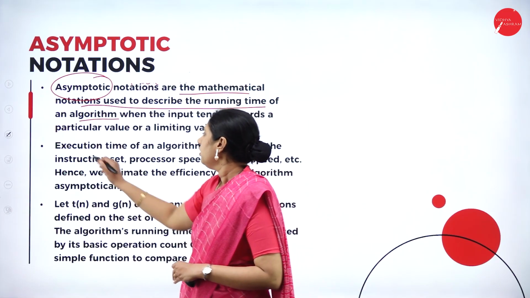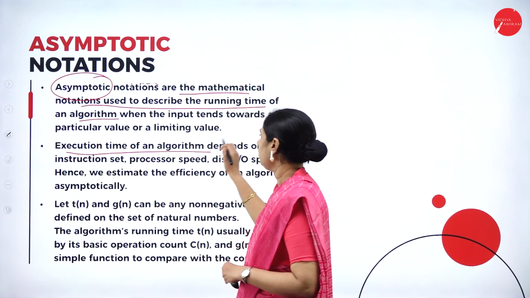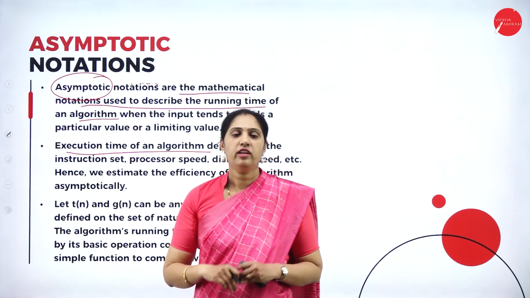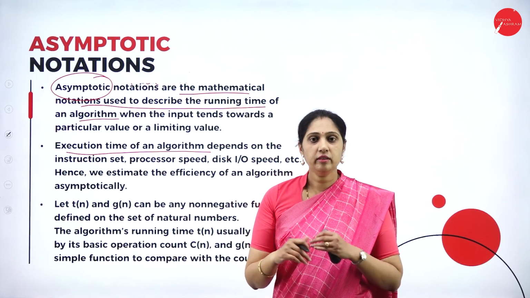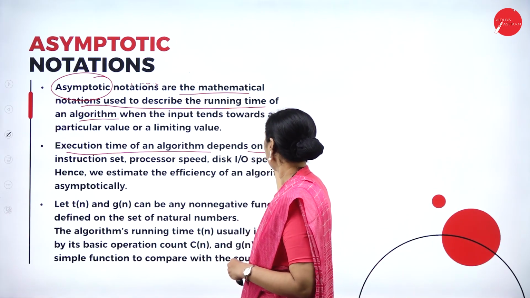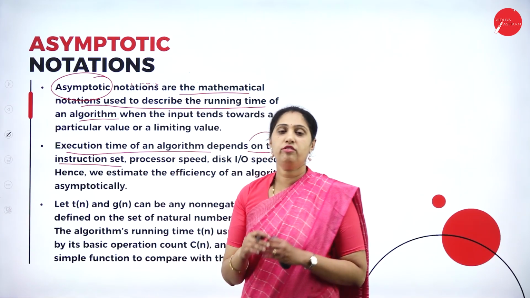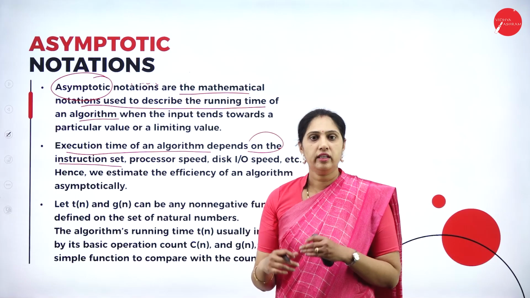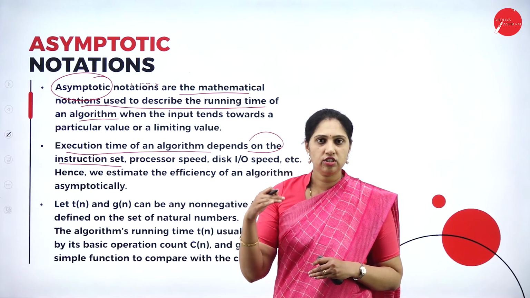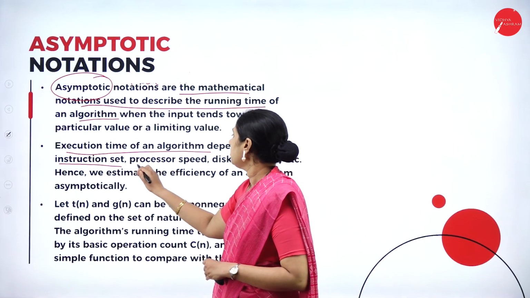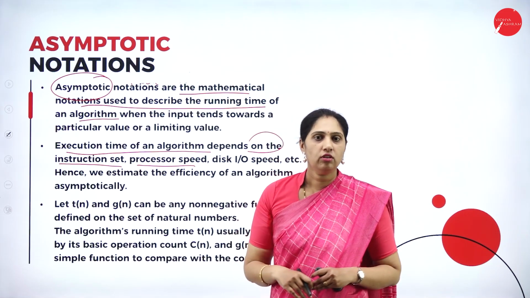Okay. So, when we take the execution of an algorithm, when I run an algorithm, it depends on some factors. First, it depends on the instruction set. So, if our code is lengthy, it will take more time to execute each and every statement. Then the processor speed. What processor you are using?